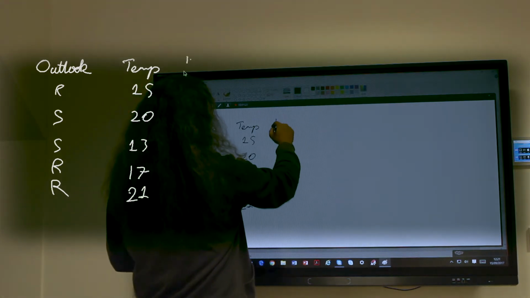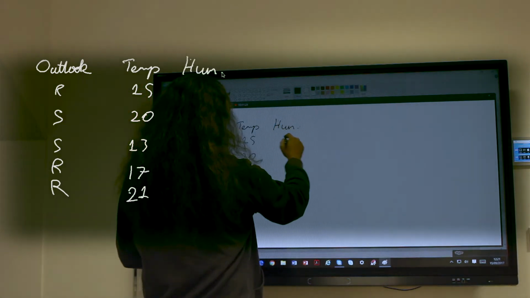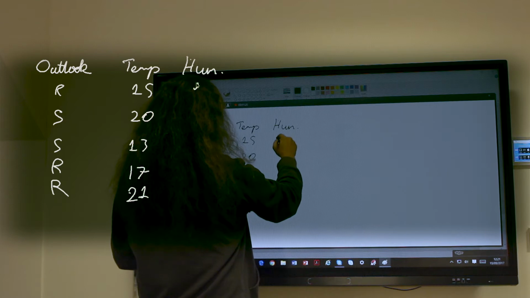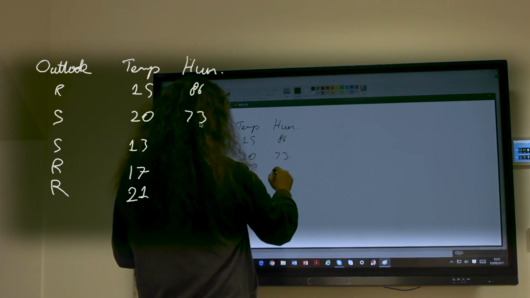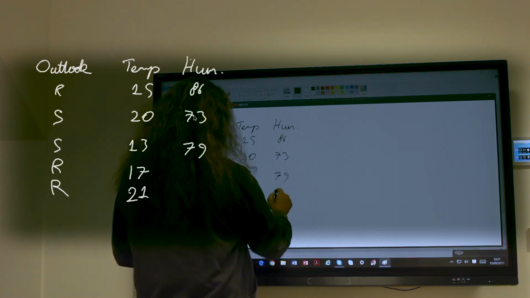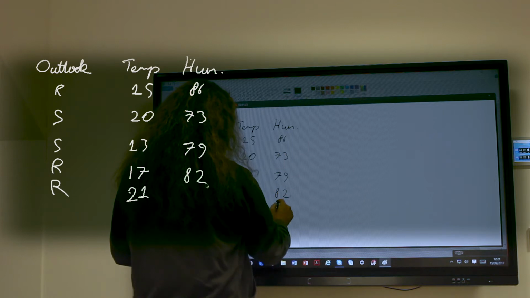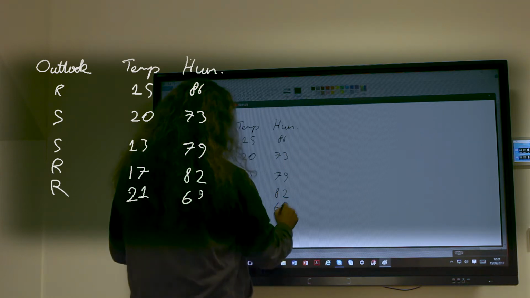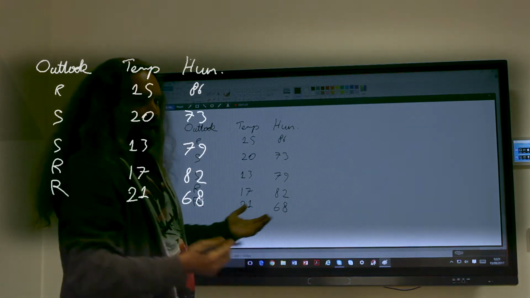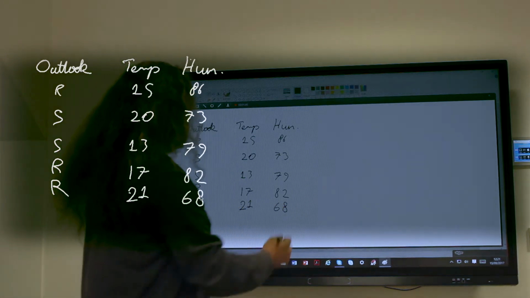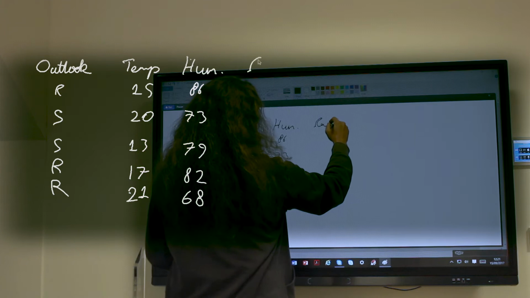And I look at the humidity. And I look at whether it's actually raining now.